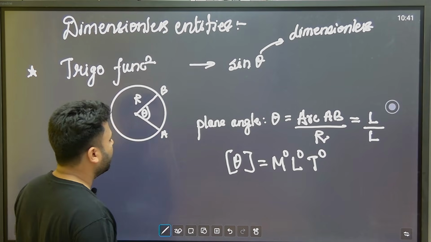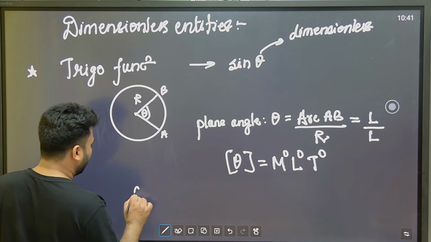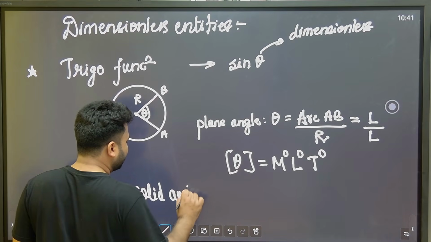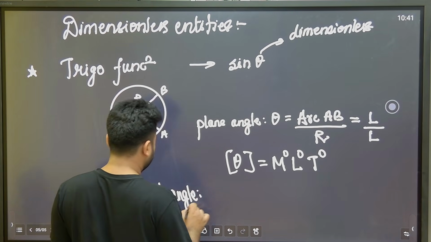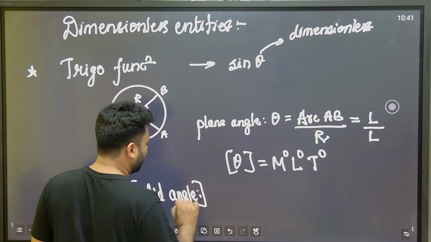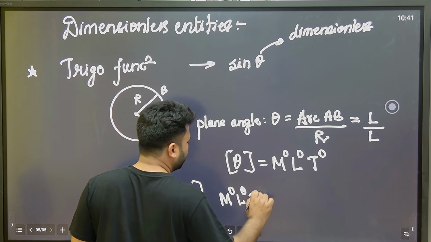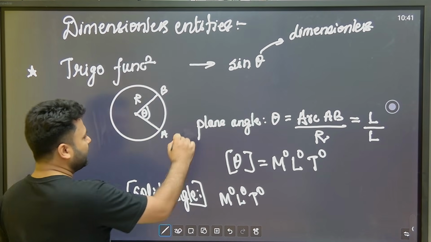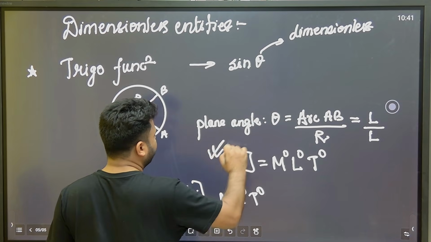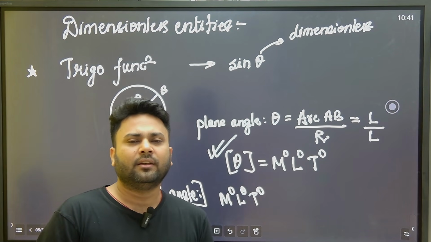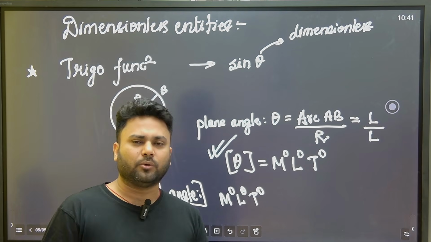Correct. Similarly, we have solid angle also. Solid angle is also dimensionless. If someone asks what is the dimension of solid angle, it will be M0 L0 T0. So remember these 2 points. The dimension of plane angle or solid angle, any kind of angle, will be M0 L0 T0.